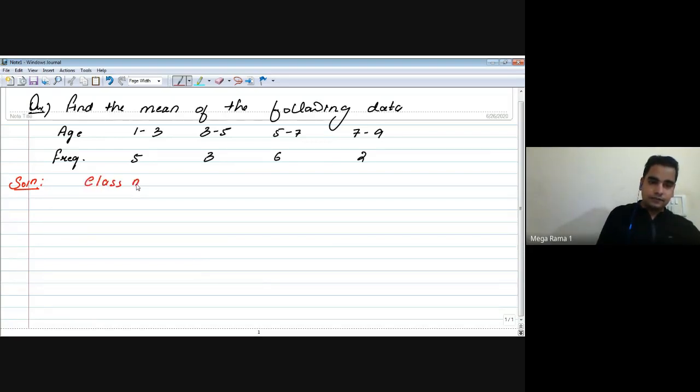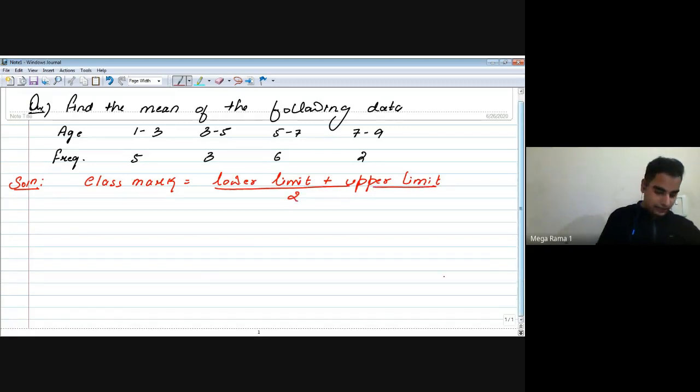Class mark is always equal to lower limit plus upper limit divided by 2.